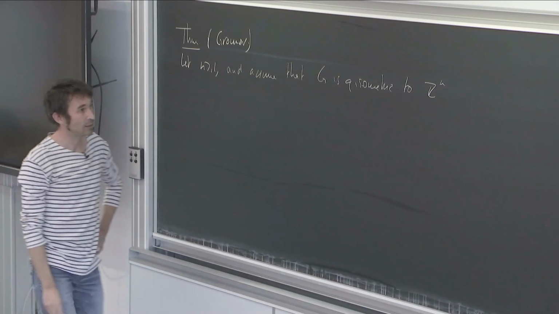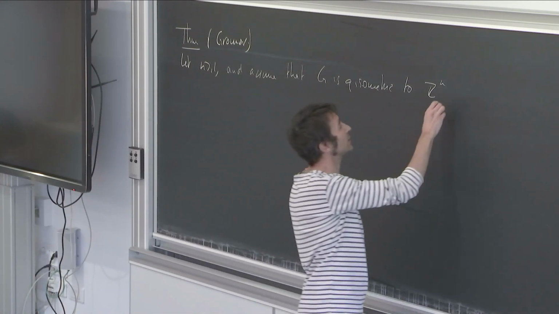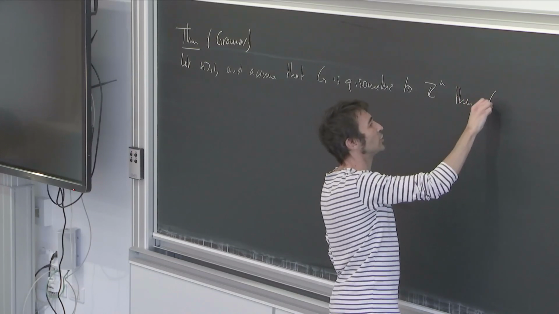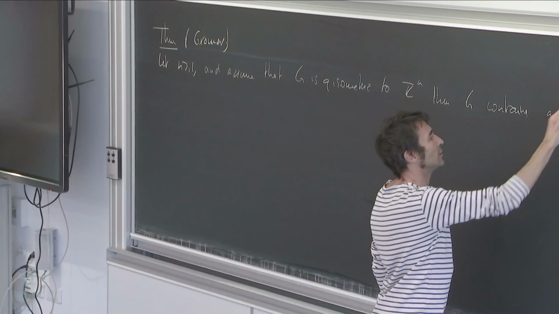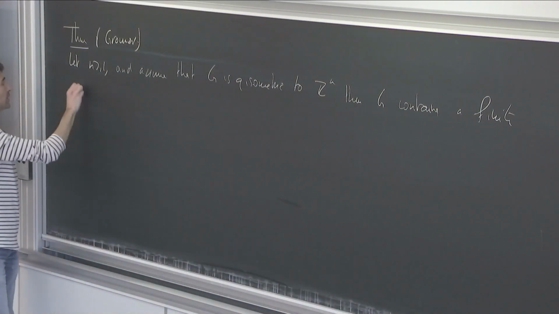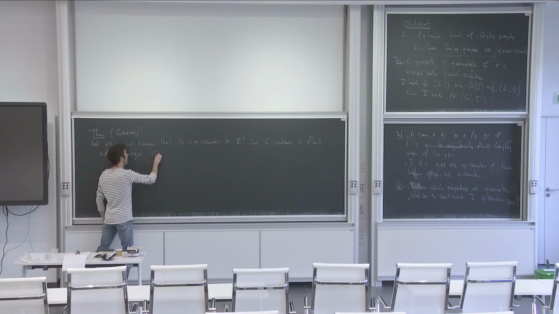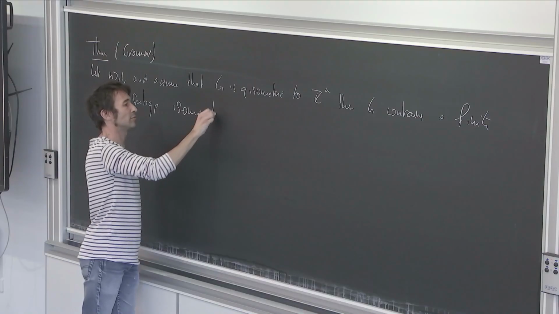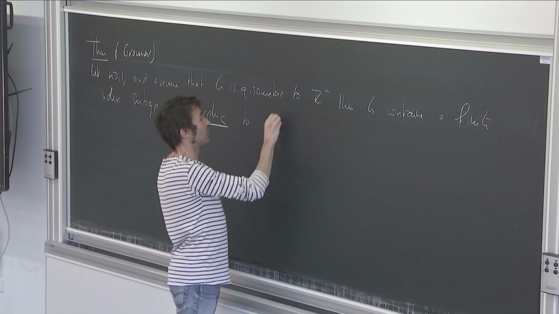Okay. So what can I say about G? Then the result is that G contains a finite index subgroup isomorphic to Z^n with the same n.